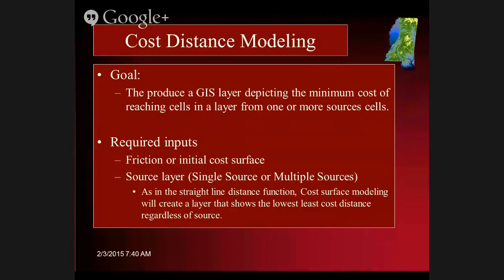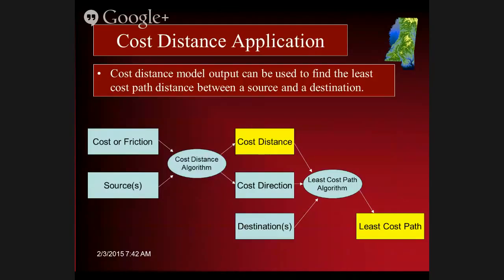Okay, so that's just going to be the cost to travel through a cell. We'll discuss that in a second here. Then you also need the source layer, just like you would for a regular Euclidean distance. Okay, and then the output is going to be the cost distance.